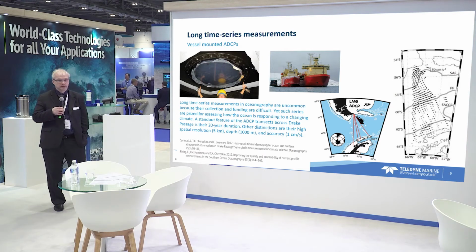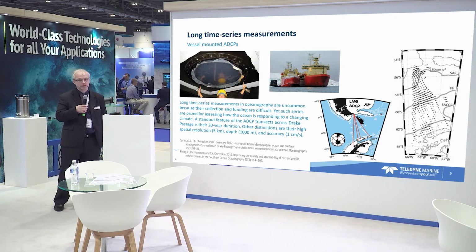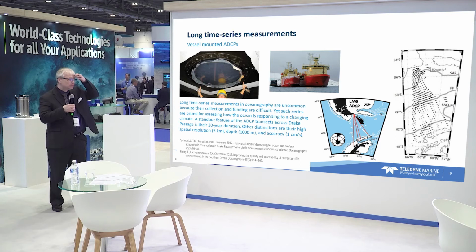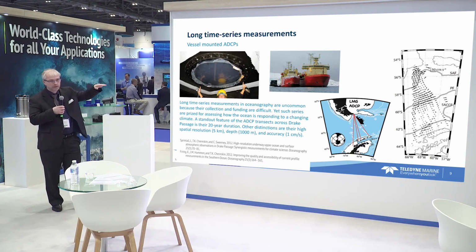One nice example of a study using our ADCPs is this one, where vessel-mounted ADCPs have been used to monitor, over a very long time, the ocean currents and water mass movements between the very south of South America and Antarctica.